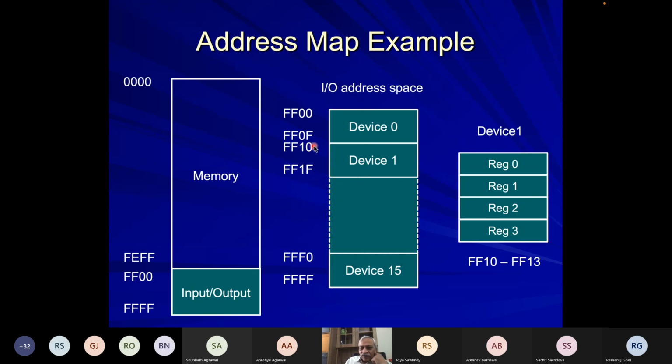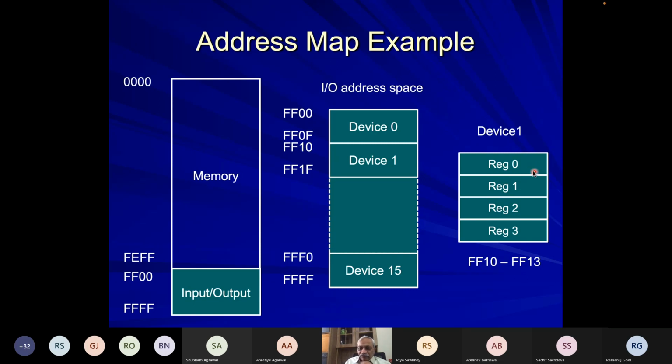Now each device is assigned a range of addresses, and in that range I'll have further detail, shown here for device 1: you have 4 registers which are required for the device.